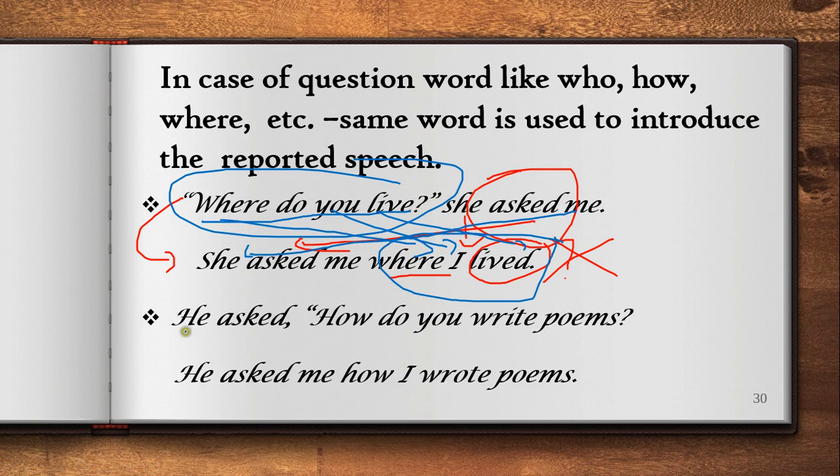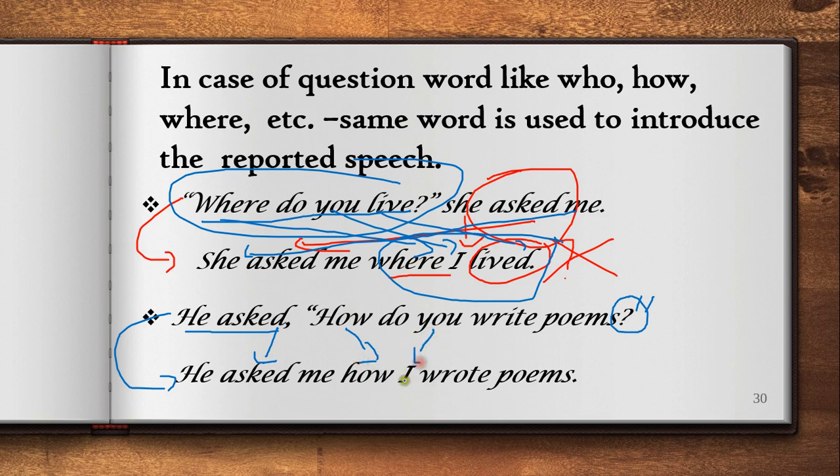Another example. He asked, how do you write poems? There is a question mark. For the indirect speech, let's take a look. He asked me how, there is no more do.